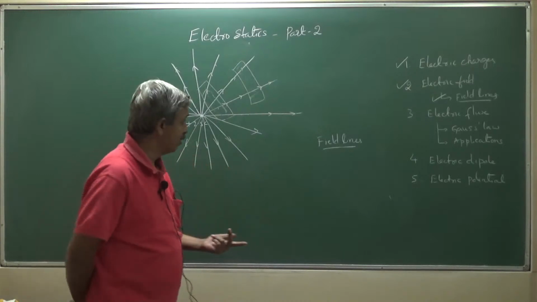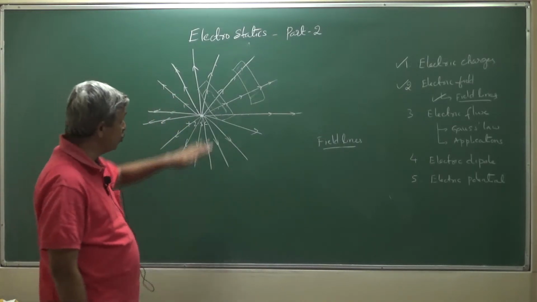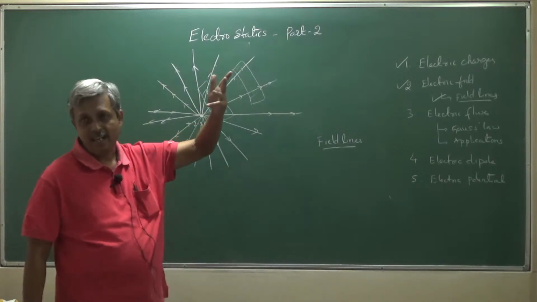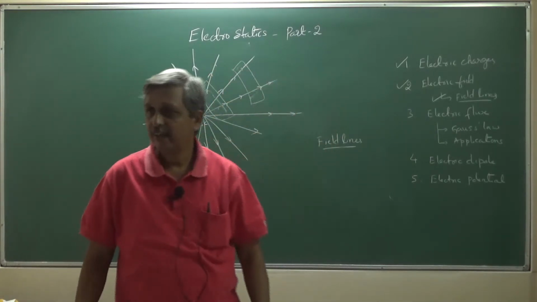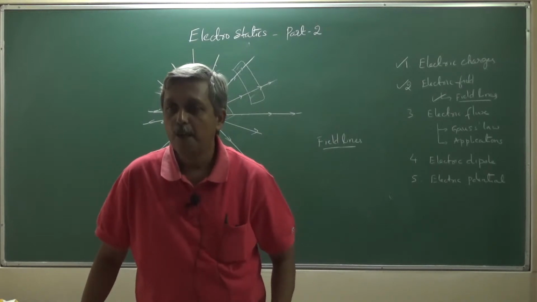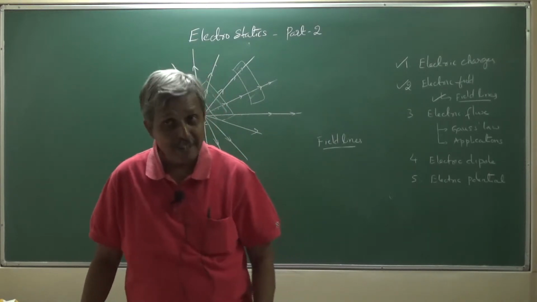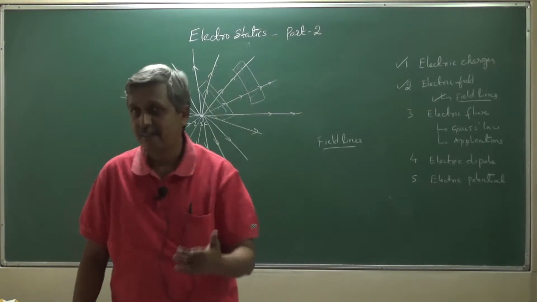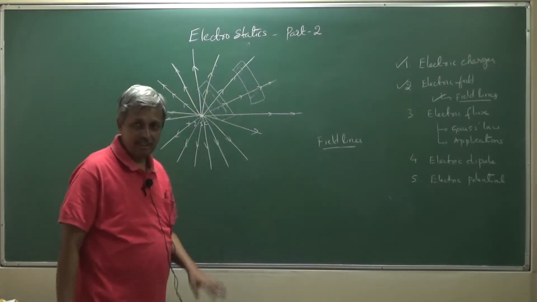Now you see here, for example, electric flux that is passing through any given area is calculated by the number of lines that are going in that area. Okay. How many lines are going in that area? That is basically so. But however, you may ask, isn't it basically dependent on number of lines that you are drawing?